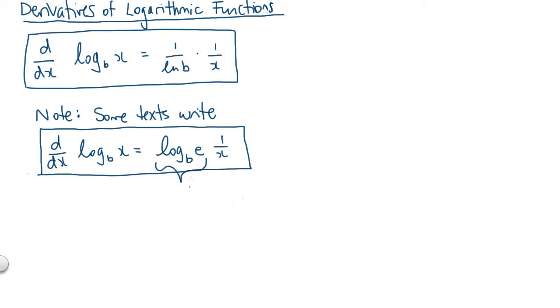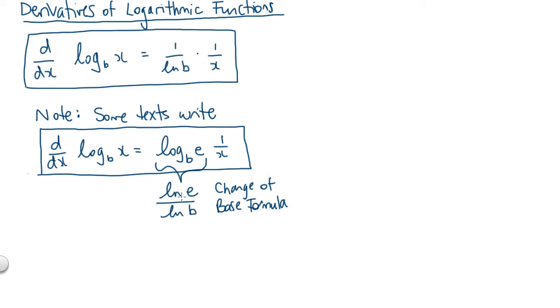So let's think back to our change of base formula. We talked about that in the video on review of logarithms. Remember that to calculate log to any base of any number, you take ln of your number and divide by ln of your base.